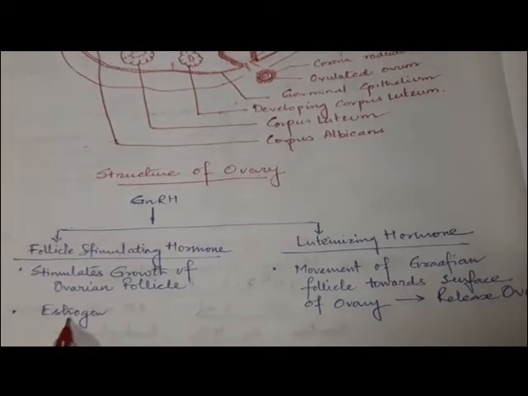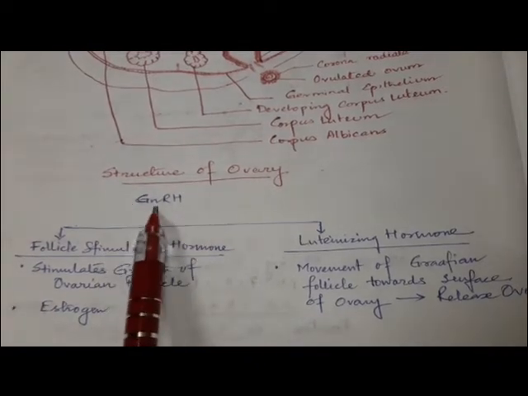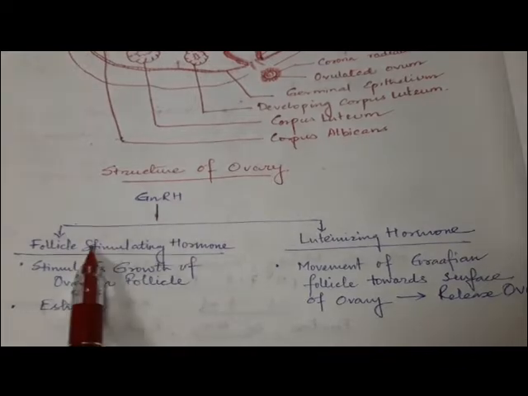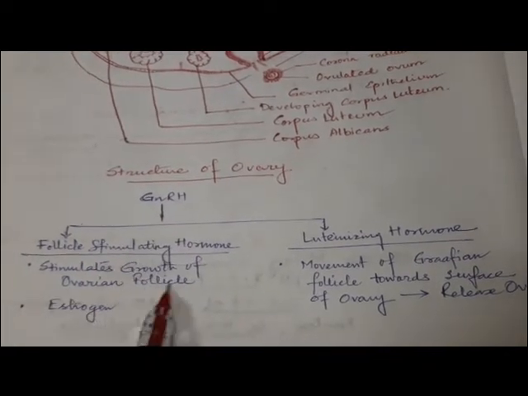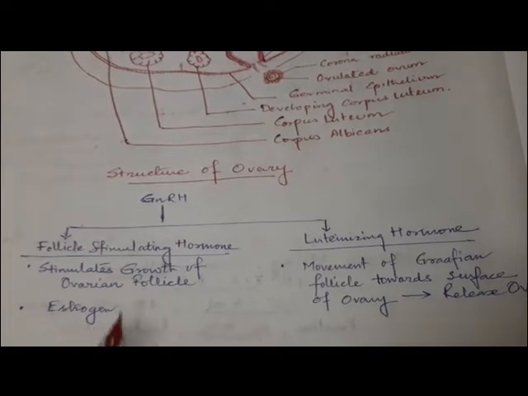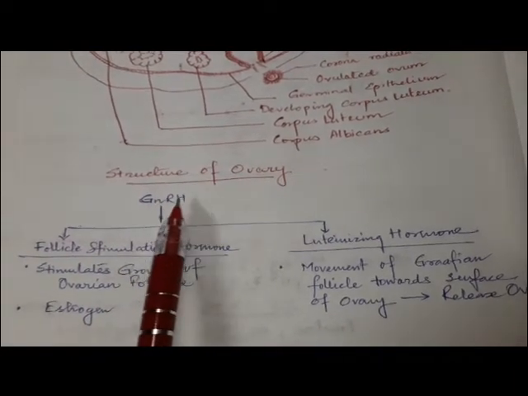Estrogen in return inhibits gonadotropin releasing hormone. I repeat once again, gonadotropin releasing hormone releases follicle stimulating hormone, and follicle stimulating hormone stimulates the growth of the ovarian follicle, which secretes estrogen, and estrogen inhibits gonadotropin releasing hormone.